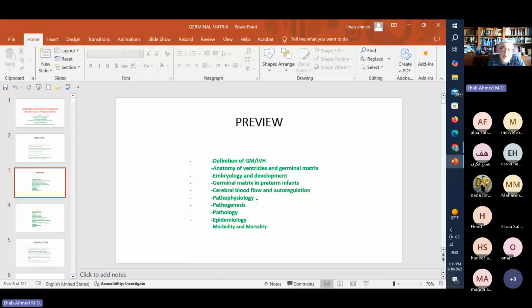And of course, we go to pathophysiology, pathogenesis, pathology, and pathological change, with the gross anatomy and microscopic changes of post-mortem brain samples of babies who died with GM-IVH.